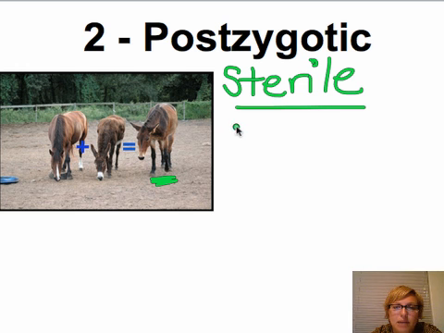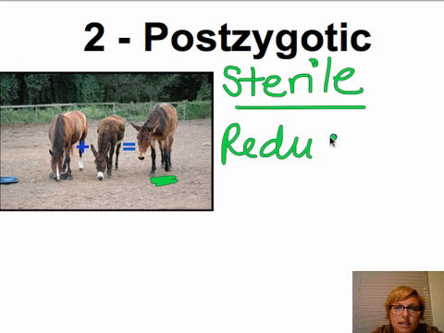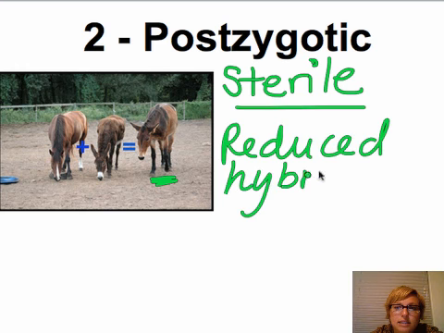And when hybridization happens, a lot of times meiosis for gametogenesis, which is the forming of new gametes, can't produce normal gametes. So therefore, it leaves the egg or the sperm of that mule sterile. And this is called reduced hybrid fertility.